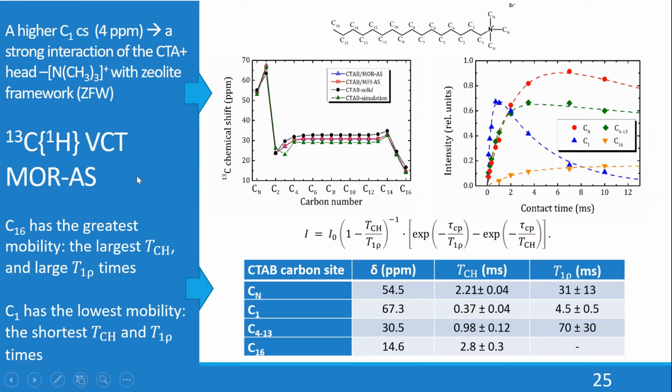The same conclusion is confirmed by the experiment using variable contact time with cross-polarization from protons to carbon. Here is the intensity of the individual peak as a function of contact time.